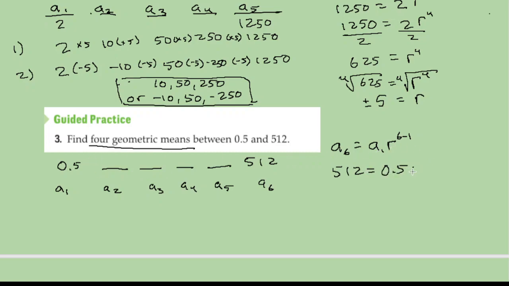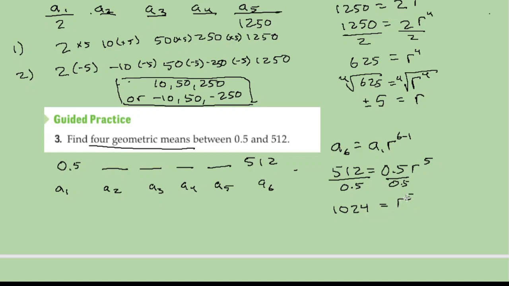Then R to the 5th power because 6 minus 1 is 5. Now I'm going to divide both sides by 1/2, which is the same thing as multiplying by 2. So this gives you 1024 is equal to R to the 5th power.